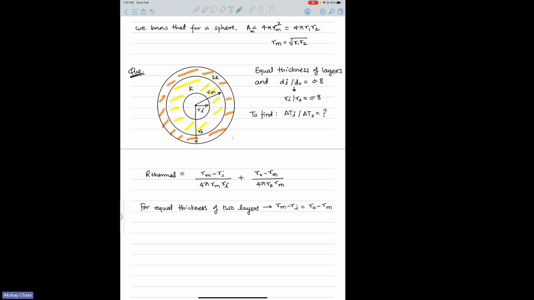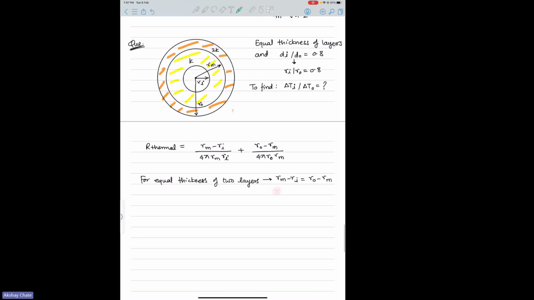Therefore you get Rm as Ro plus Ri by 2. So it is the average of Ro and Ri. That is one piece of information you have.